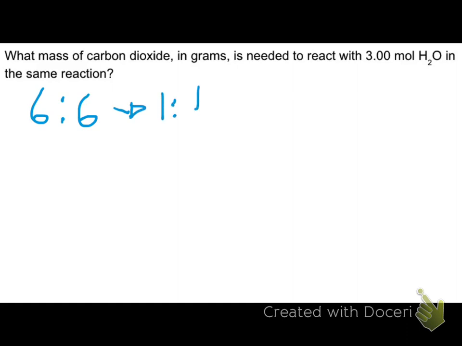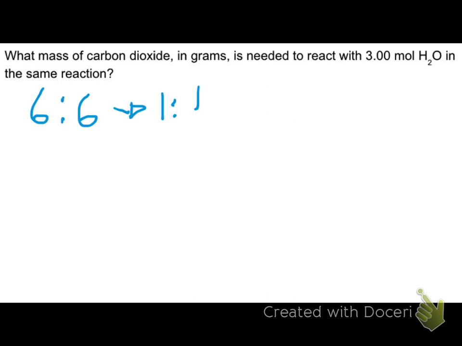Okay, so we could very easily just skip the first step of this process and just say, well, if it's 1 to 1, if we have 3 moles of water, then we'll have 3 moles of CO2, and you'd be absolutely right. And if your brain can function on that, then feel free to skip this step.